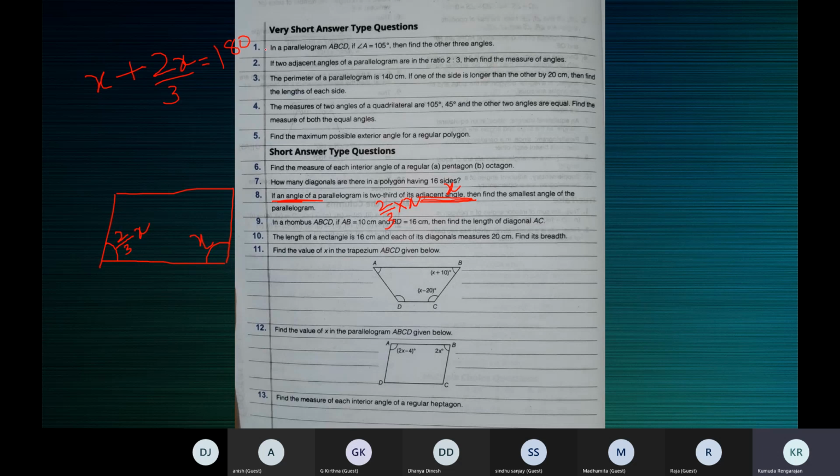Common denominator is 3. So we'll get 3x plus 2x is equal to 180. Cross multiply now. 3x plus 2x is 5x. 5x is equal to 540. On cross multiplying, 540.